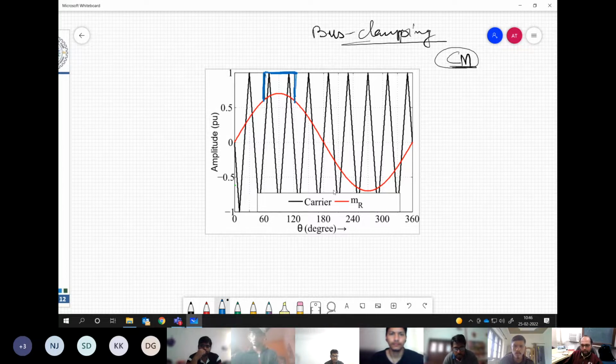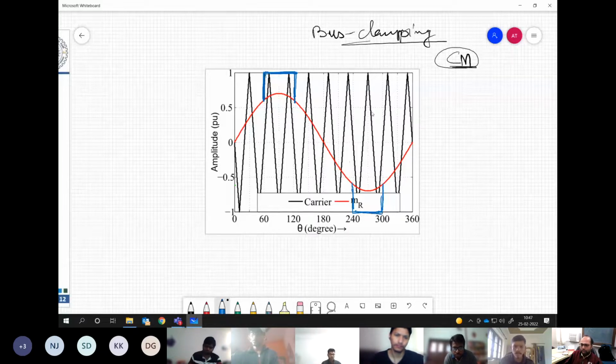And similarly here as well, you clamp this modulating signal to the negative -1 value, which means we are not switching in this interval. Of course, there are chances that we may lose linearity if the carrier frequency is very small, but this is for high switching frequency cases or high pulse number cases. We can afford to have this discontinuity in the PWM, or this blanking time.